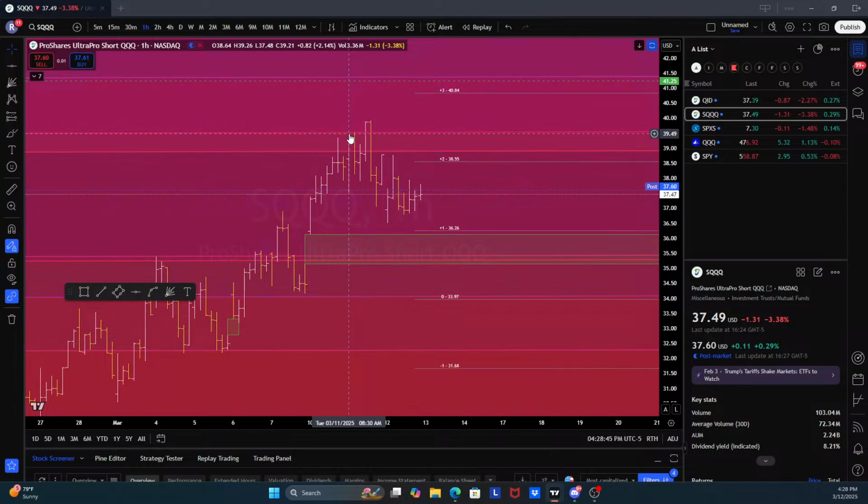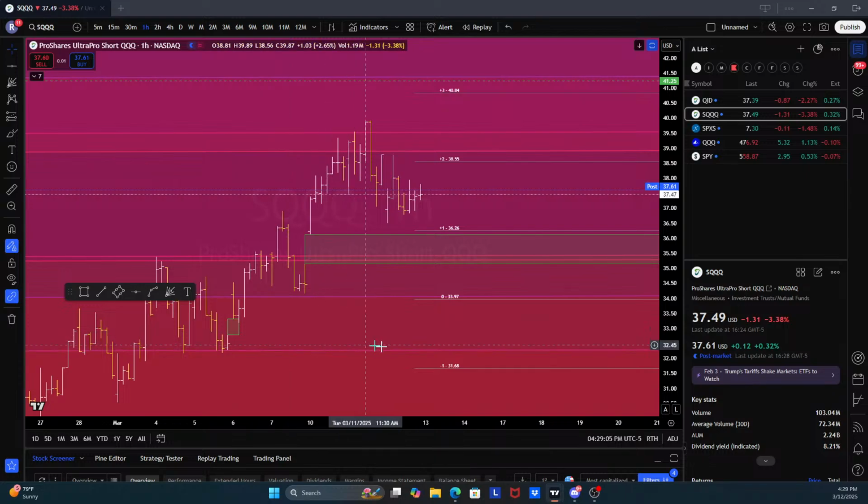So going forward, what I'll be looking for with SQQ is this fill down here. We have a fill that needs to come down here, and another fill that needs to come down here. I think once we start filling these areas, that's when we're going to start seeing a rally on the Qs.